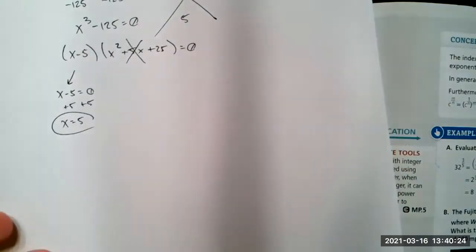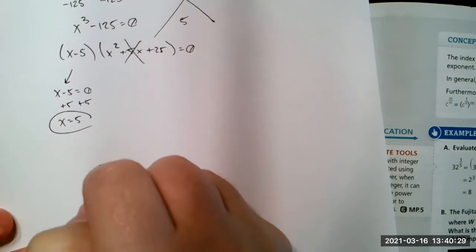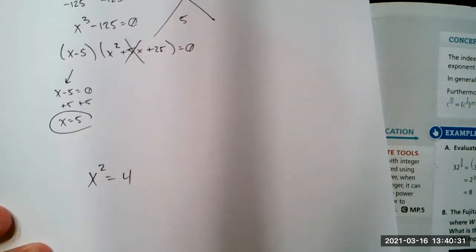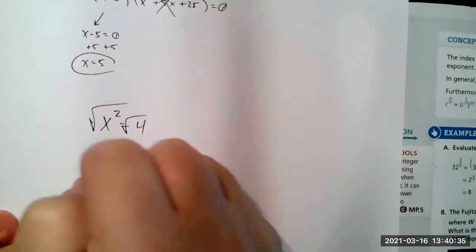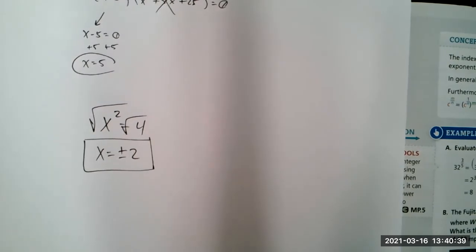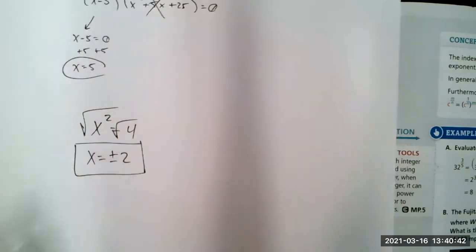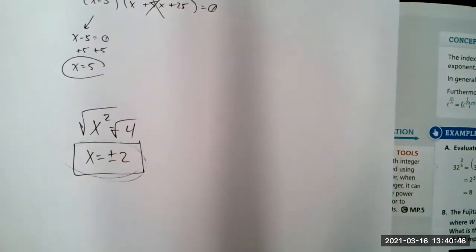So for example, if I have x squared equals 4, right? We square root both sides and we get x equals positive and negative 2, because positive 2 times positive 2 is 4, and negative 2 times negative 2 is 4. So you always want to include the positive and negative version.